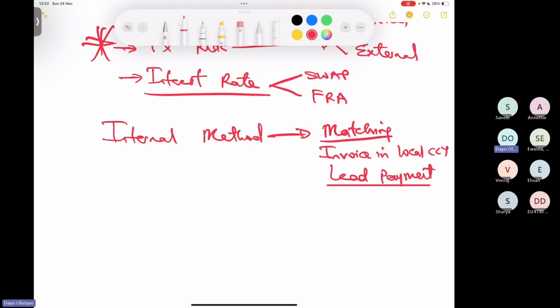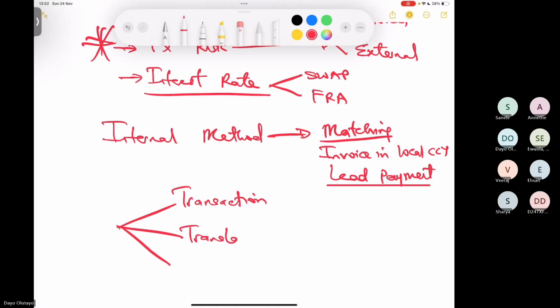Yeah. And FX risk can be divided into three types. You have the transaction, you have the translation, and you have the economic.